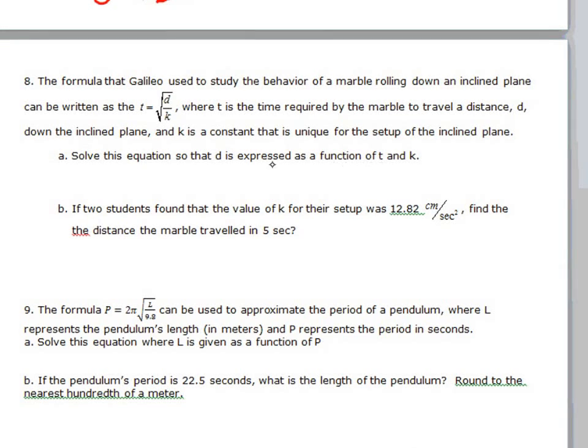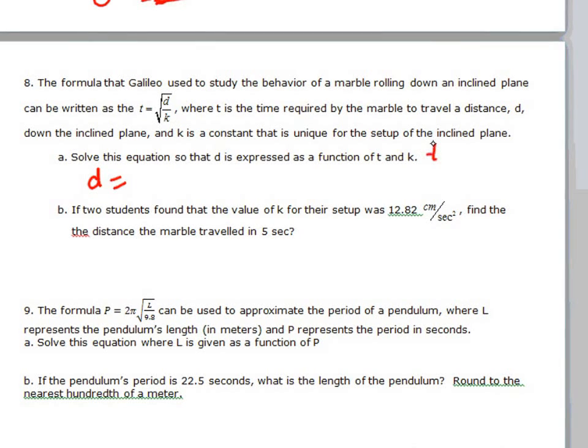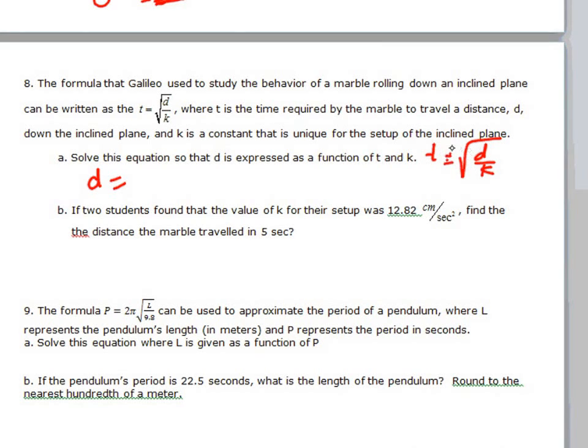What does it mean? This actually means that you should bring this given equation into something like d equal to, and bring out the formula. So let's work on this. So we have t is equal to square root of d over k, and we need to square on both sides because we have to get rid of the square root.